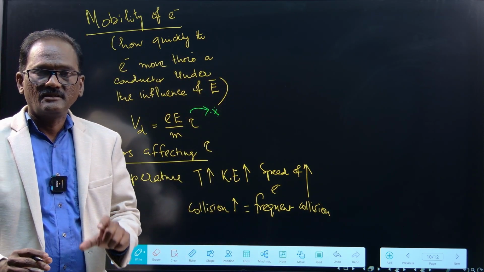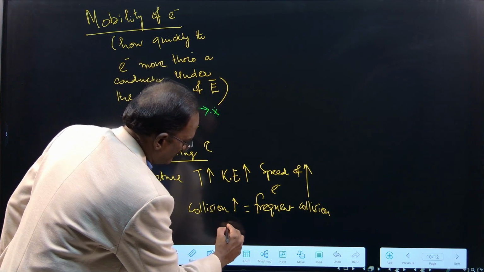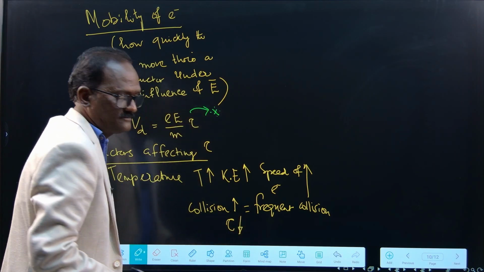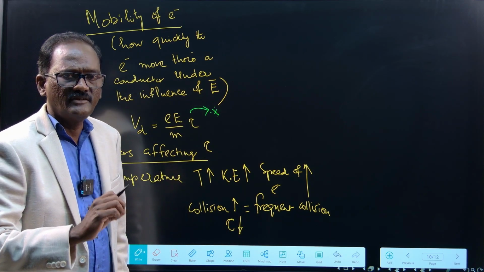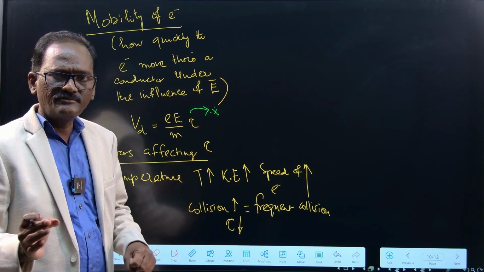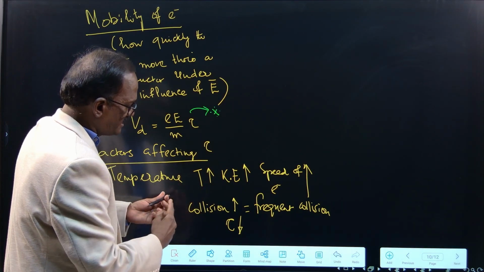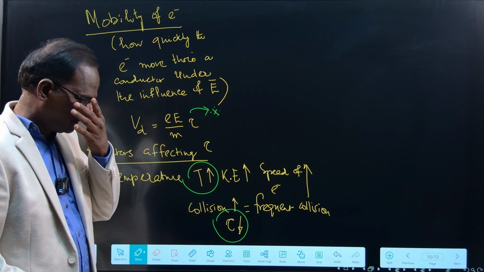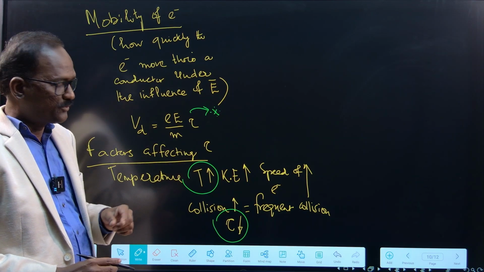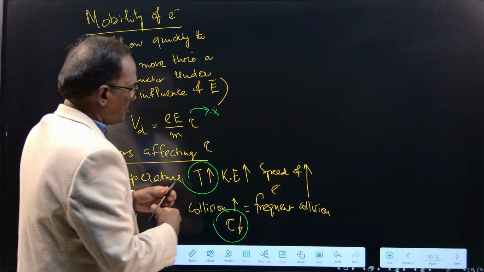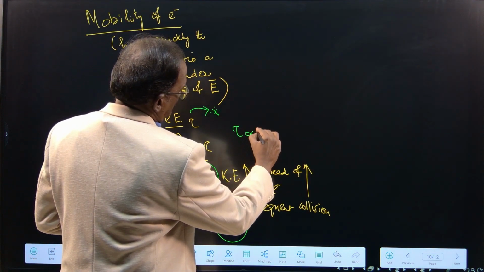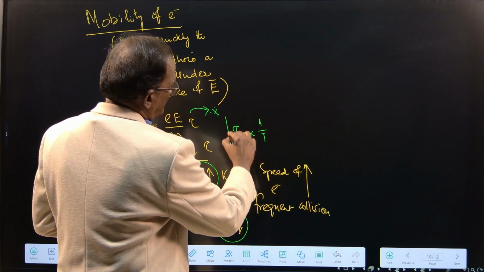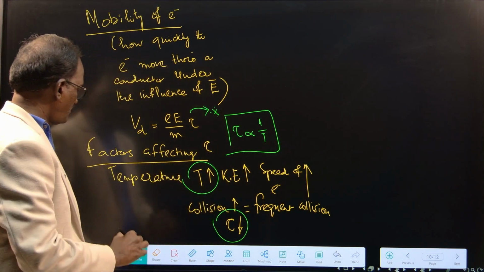Frequent collision means the relaxation time decreases. It happens very quickly, so the time becomes small. So if T increases, tau decreases. Tau is inversely proportional to temperature. That is number one.